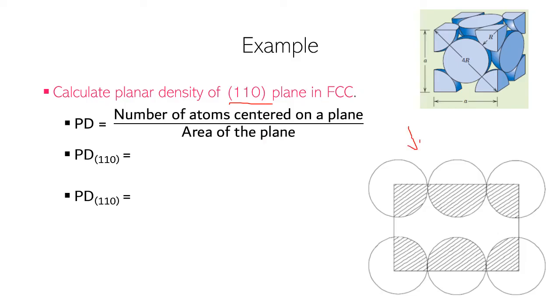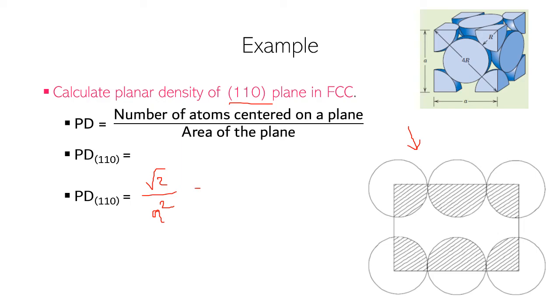The atomic arrangement in the 110 plane in FCC is shown in this picture for your reference. You have to use it and find out the total number of atoms centered on this plane and find out the area of the plane. Finally, in terms of lattice parameter a, the planar density comes out to be root 2 upon a square.